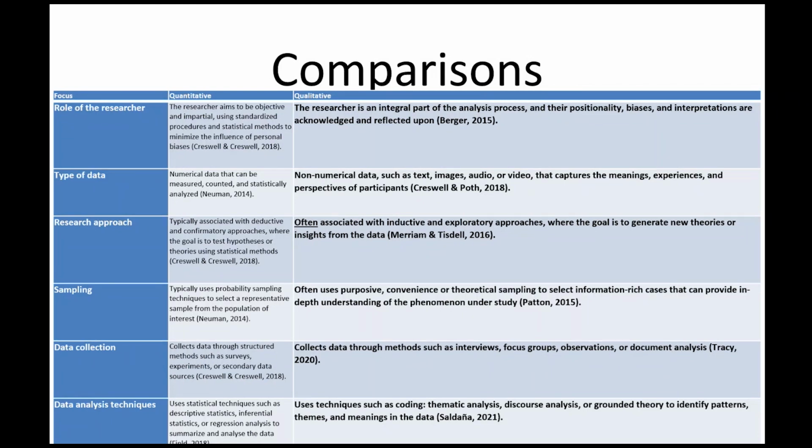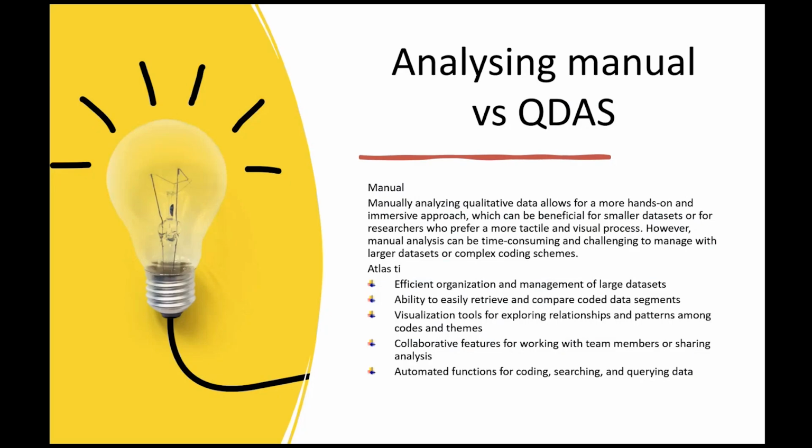As well as data analysis techniques, they are different, where in quantitative we have descriptive and inferential. In qualitative, we can analyze thematically, or using discourse analysis or grounded theory to identify the patterns.